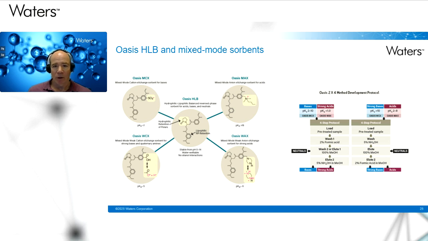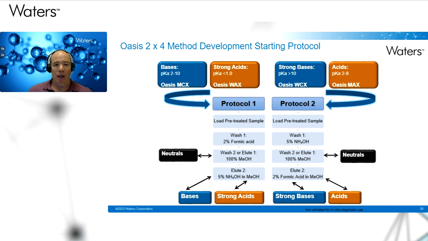If we look a little closer at that, it looks complicated, but really we're looking at basically two protocols. On the left, we have a protocol for bases and strong acids on the complementary sorbents, where we load our pre-treated sample. We wash under acidic conditions.